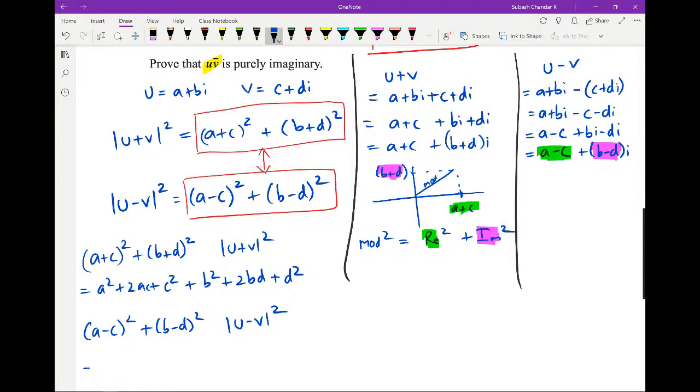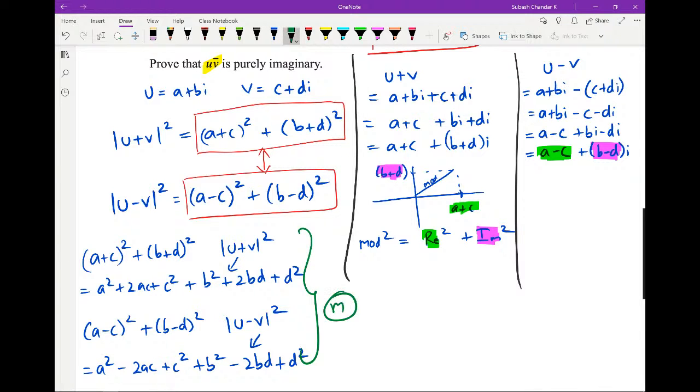So expanding it out, I'm going to get A squared minus 2AC plus C squared plus B squared minus 2BD plus D squared. This part here gets you a merit. Simplify it once more, Jake.